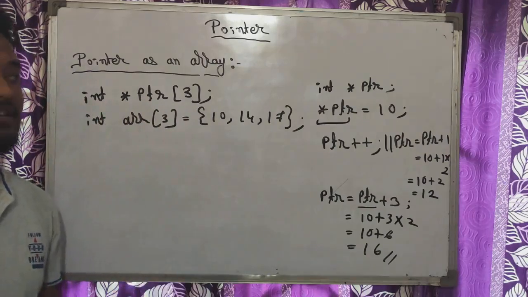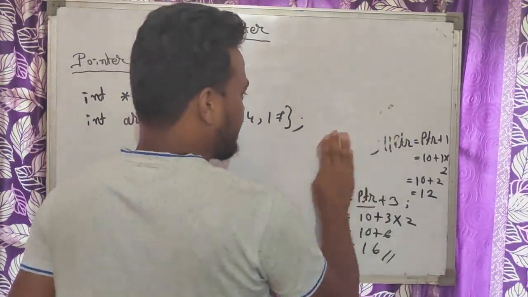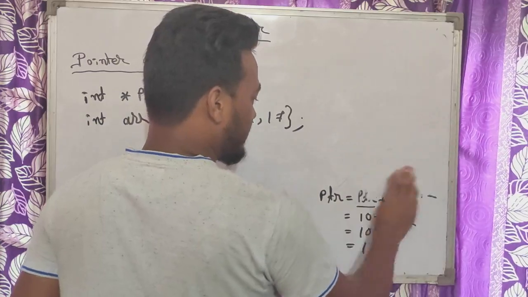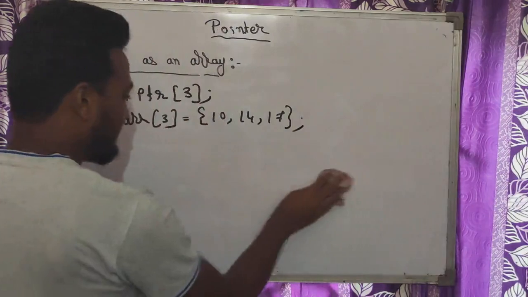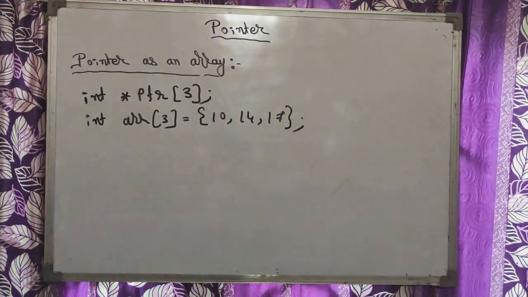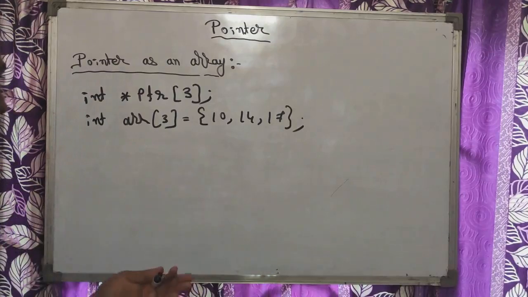So in this case how we are going to assign the value, okay? So generally, what is the actual purpose of this pointer variable? The main purpose of a pointer variable is to assign the memory address of another variable, okay?